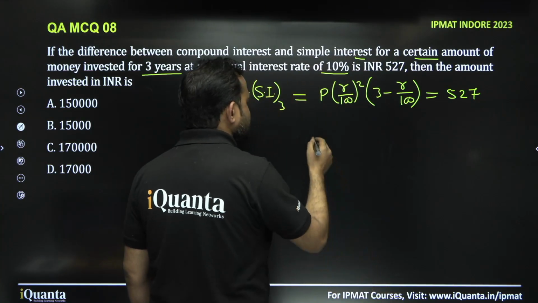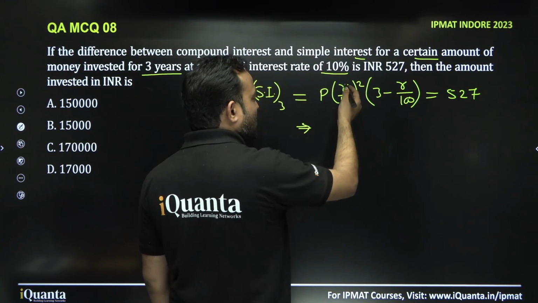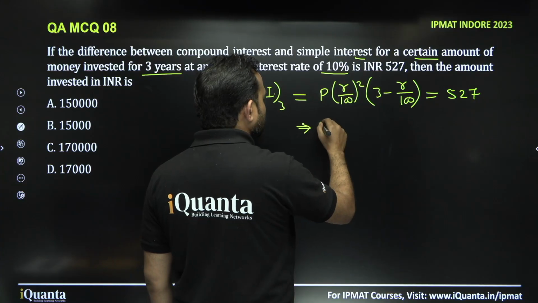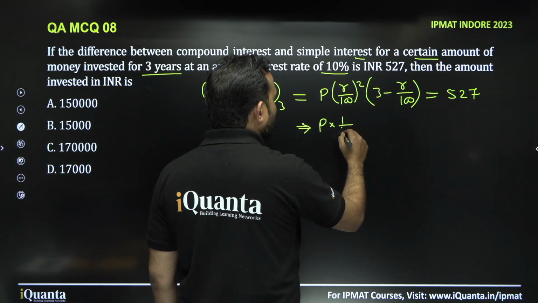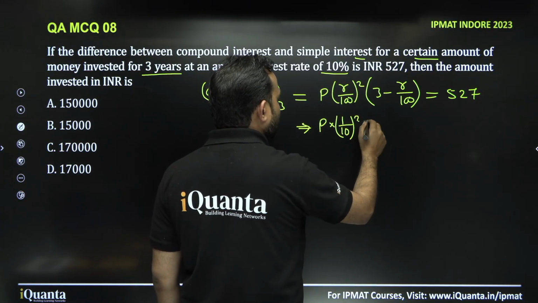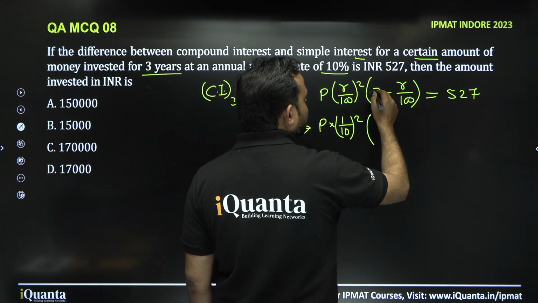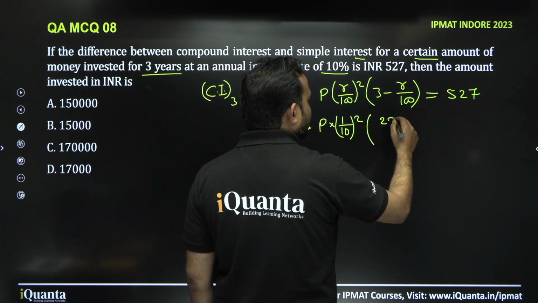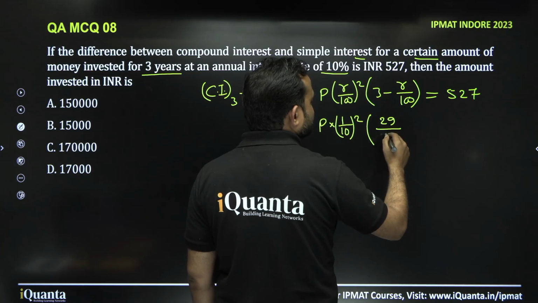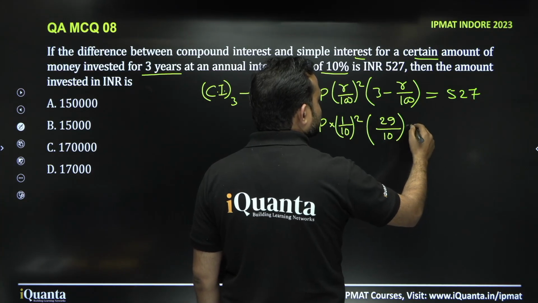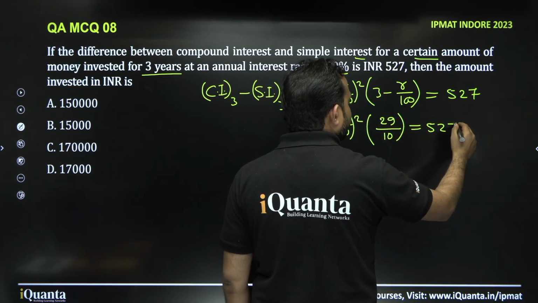527. Now what is R here? R is 10. So R by 100 is 1 by 10. So P into 1 by 10 whole square into, this will also be 1 by 10. So 30 minus 1, this will be 29 upon 10 is equal to 527.